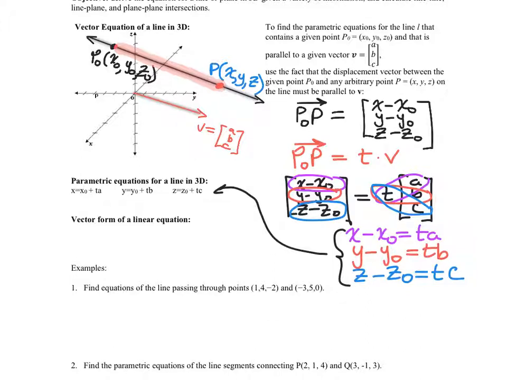The vector form of a linear equation is actually fairly simple because we're dealing with x, y, z.